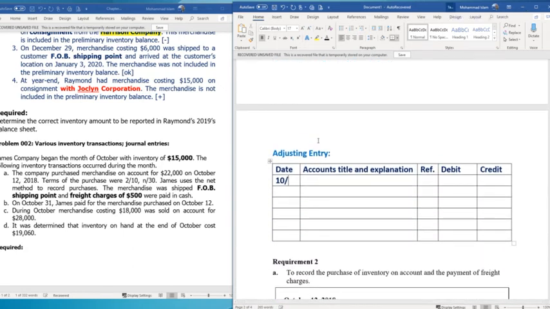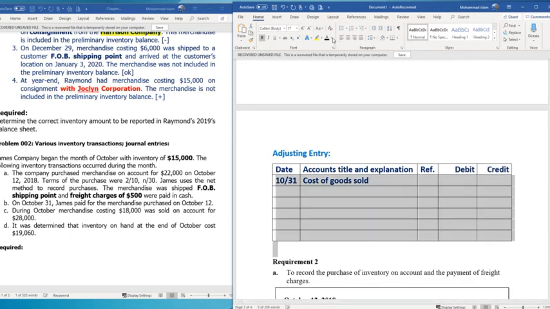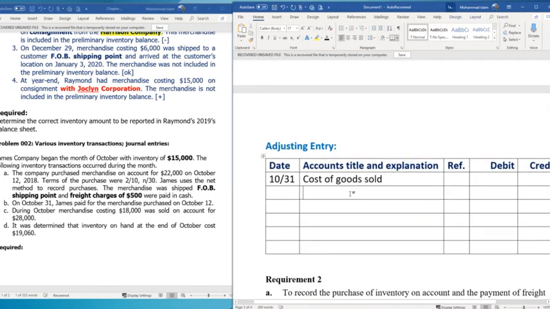The final adjusting entry would be: cost of goods sold debit, the amount we have just calculated, 18,000.